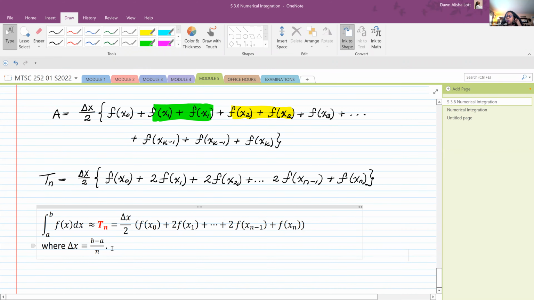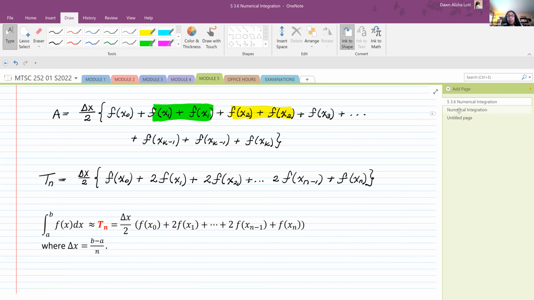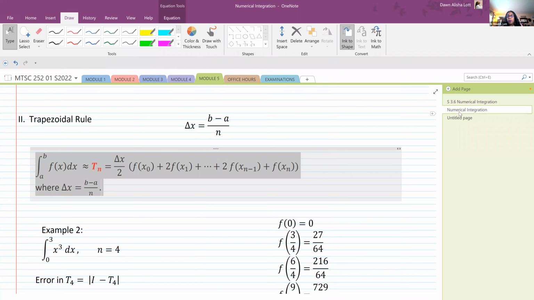Okay, any questions? The derivation is a little involved, but if you can remember the formula, then it'll work for you.